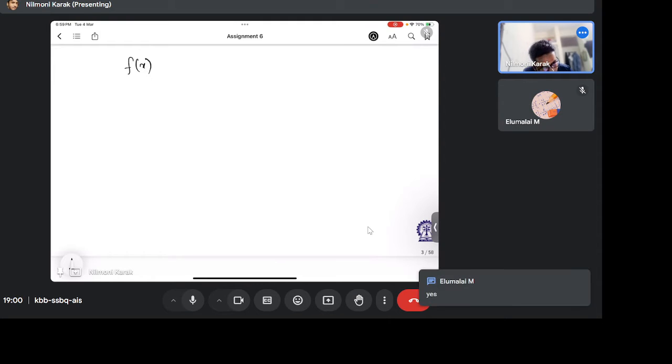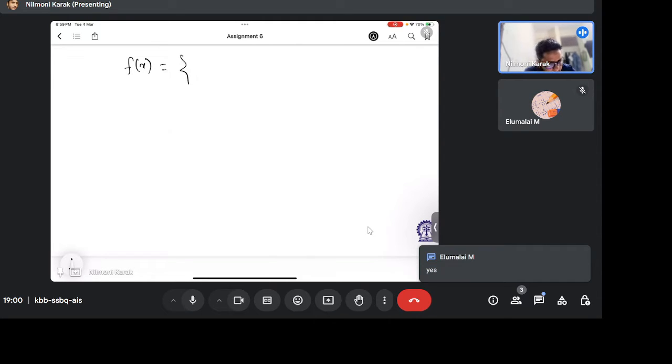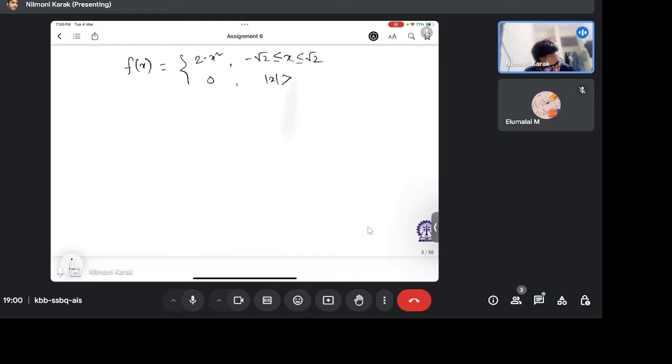So f(x) is given by 2 minus x square when minus root 2 is less than or equal to x less than or equal to root 2, and 0 when mod x is greater than root 2.